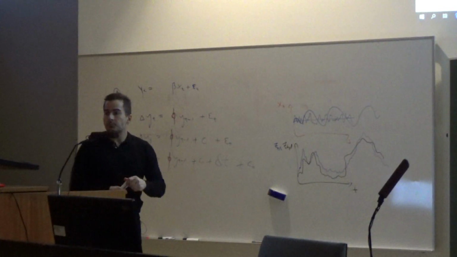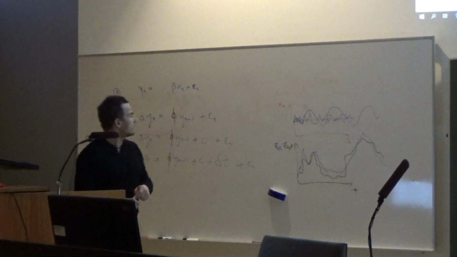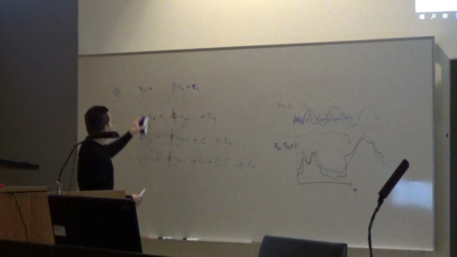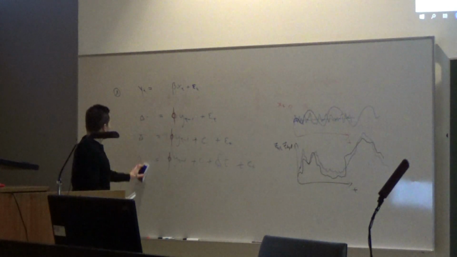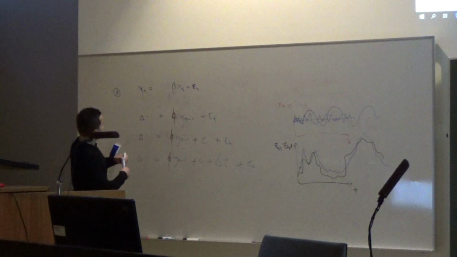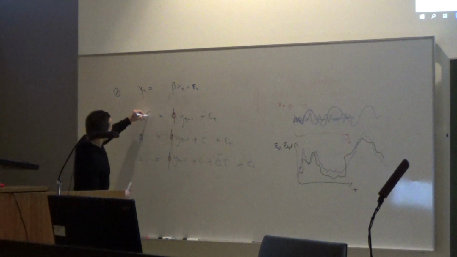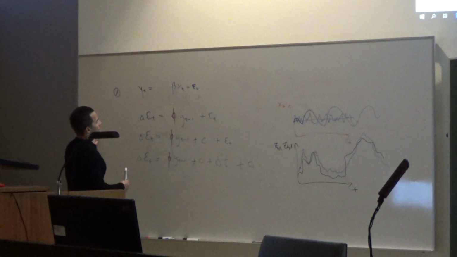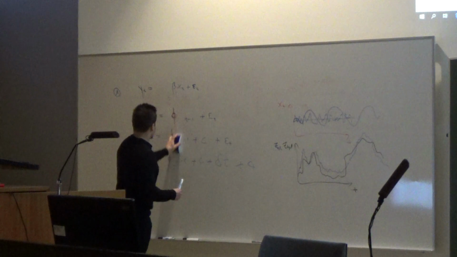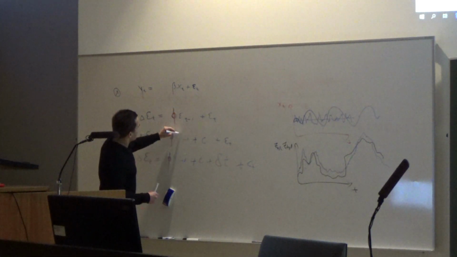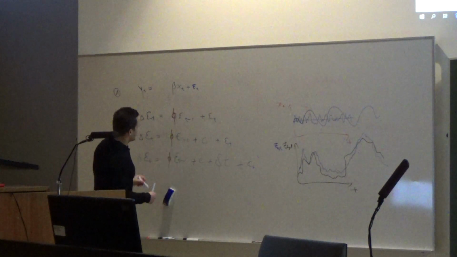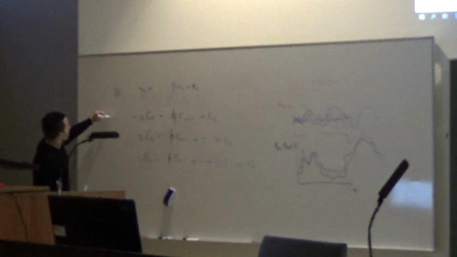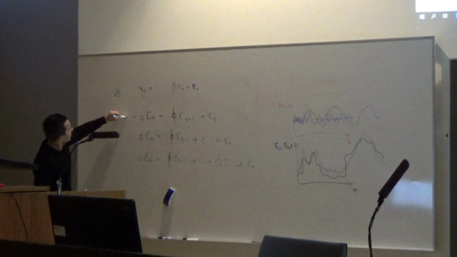And the second step is, now you take the residuals of this regression, and you regress the differences of the residuals, which is in essence e_t minus e_t−1.